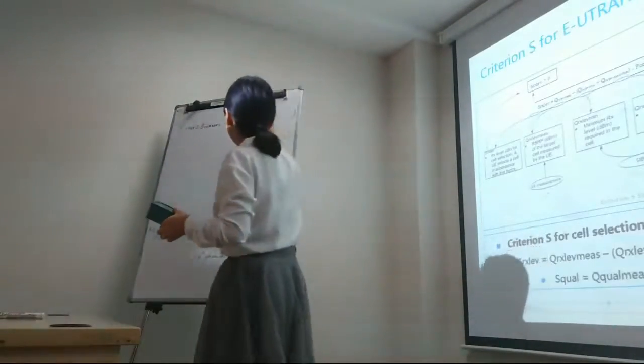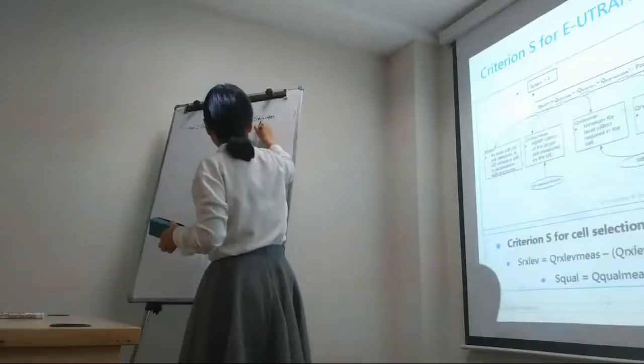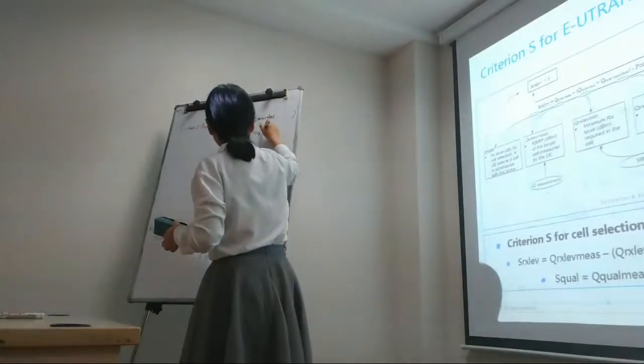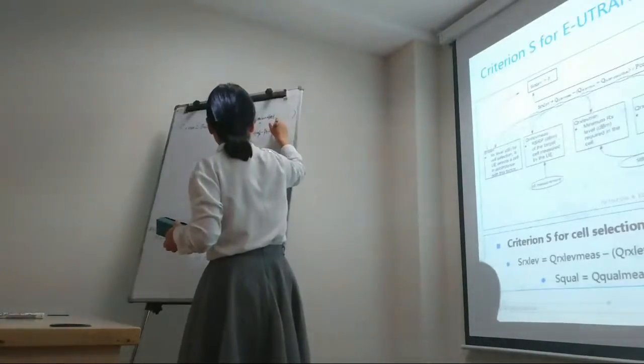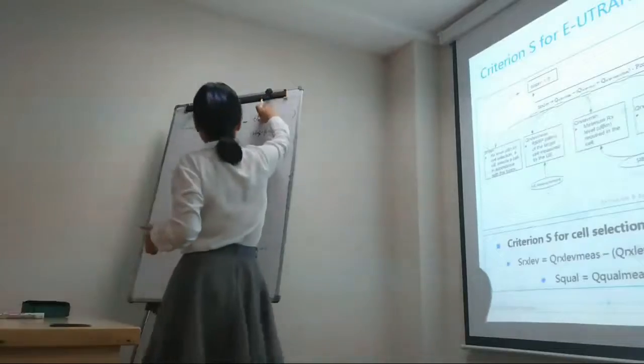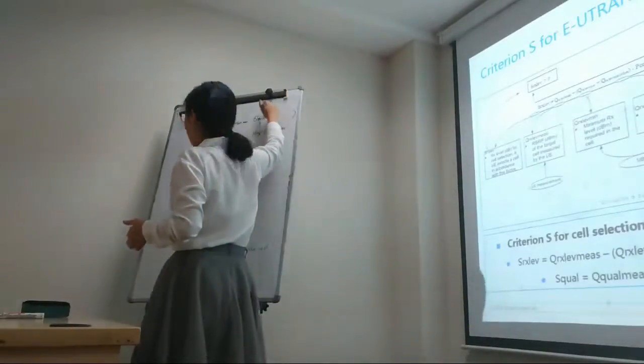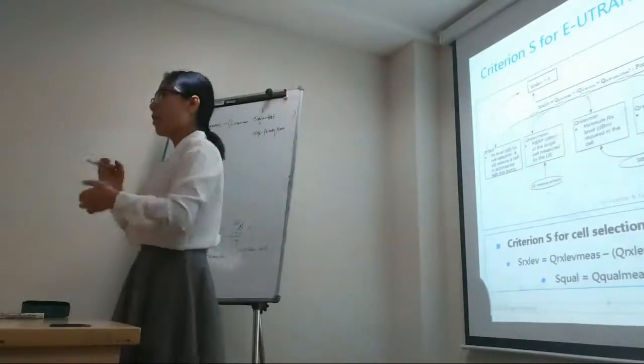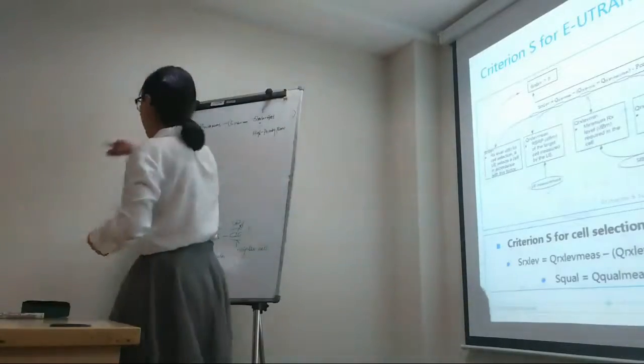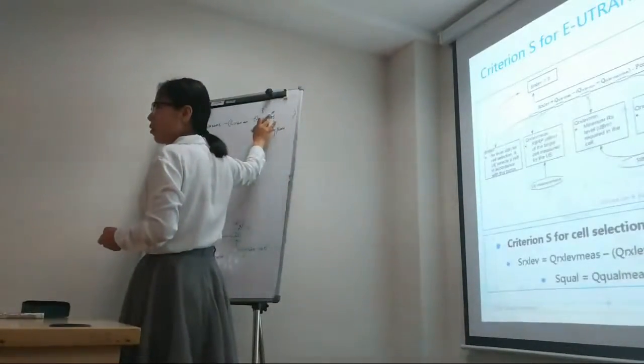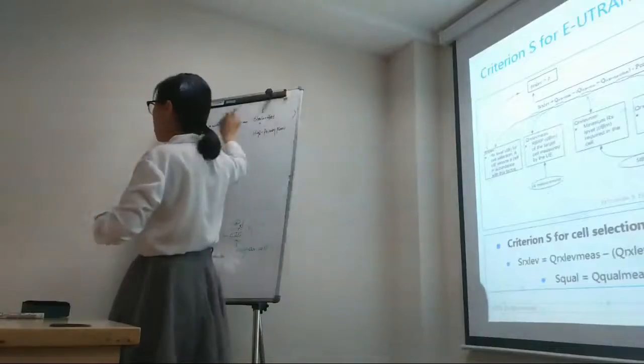This offset is used for the high priority PLMN. If there is no high priority PLMN, this offset equals 0. Even if we have a high priority, you can also set 0.